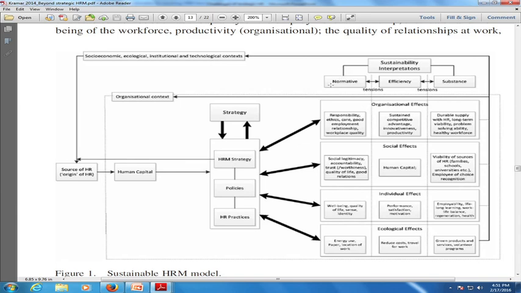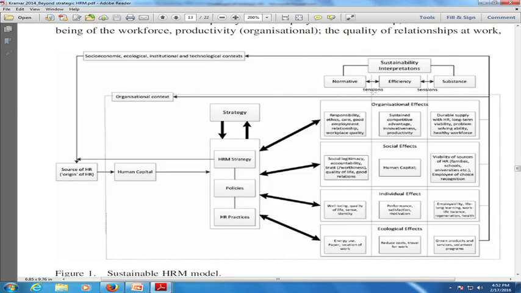The interpretations of sustainability can be normative, efficiency related and substance related. Normative relates to what should be done, the hows. Efficiency relates to productivity, the outcome, and substance is material, the tangibility of the situation.